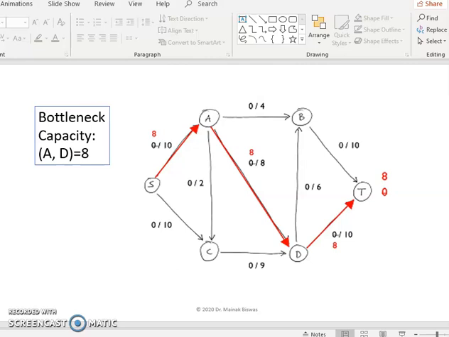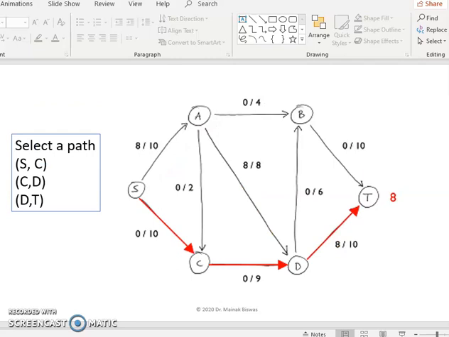So 8 is the maximum flow that can go, and that satisfies our condition that incoming flow should equal outgoing flow. So S to A, A to D, and D to T are all 8. We updated the values.